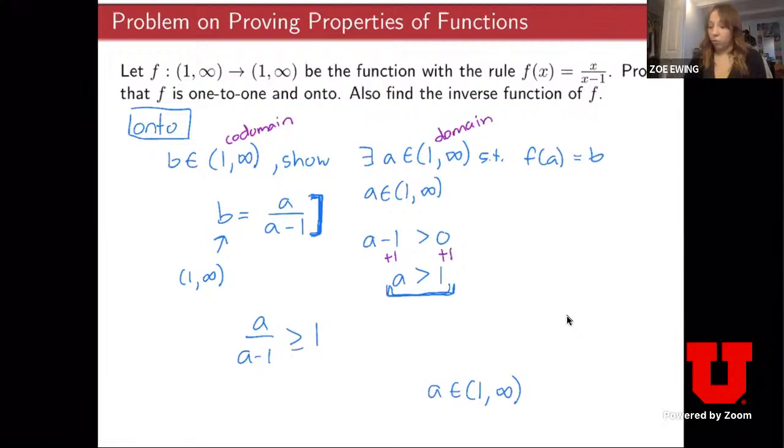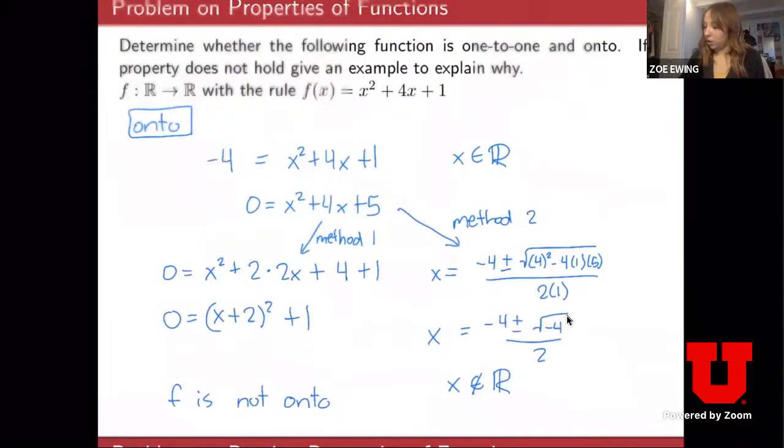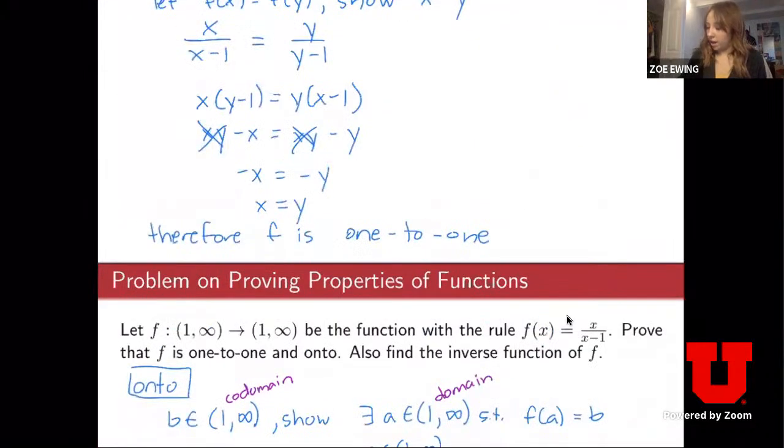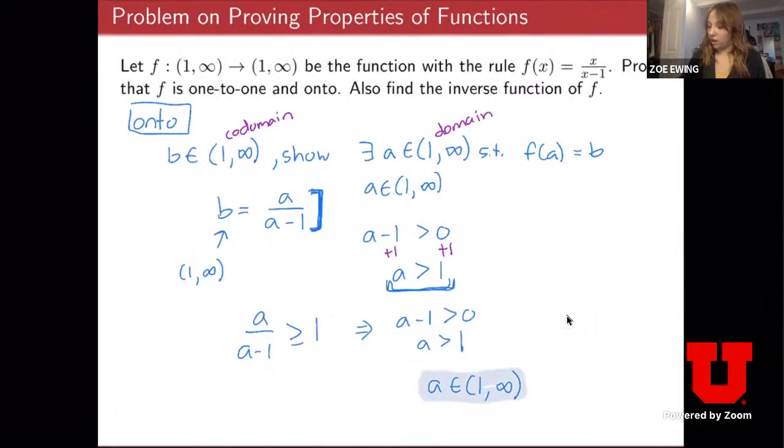Otherwise, b wouldn't be in this set, which we are given. So this implies that a minus 1 is greater than 0. And then if you add 1 to both sides, we get that a is greater than 1, which is what we needed. We needed to show that a is in the set from 1 to infinity. Does that make more sense?